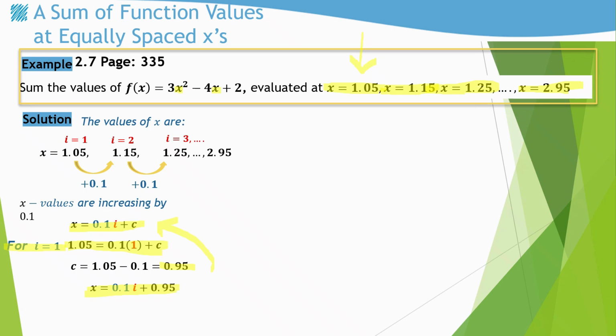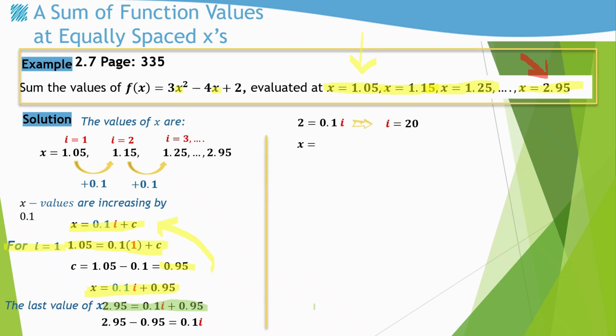Still we don't know the number ranges from 1 till what number. For that purpose, let's focus on the last value, 2.95. When you substitute the last value 2.95, you will enter this in the calculator and get your i value as 20.